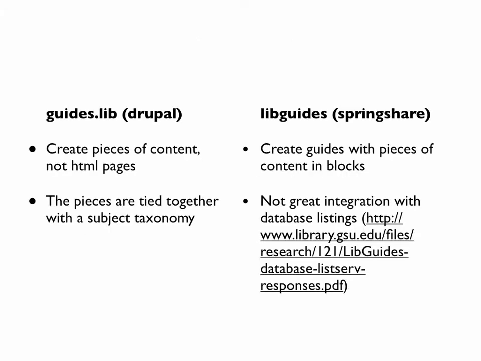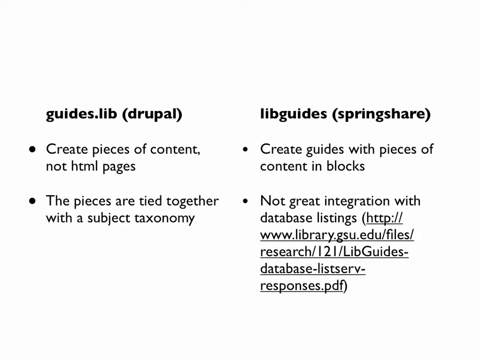I don't want to turn this into a comparison of LibGuides, which is a vendor-based system that you buy a subscription for from the company called SpringShare, which LibGuides are great, I'm not saying they're not, versus guides.lib. So I don't want to turn it into a comparison, but here's a bit of a comparison.